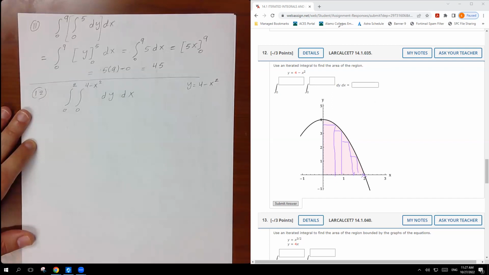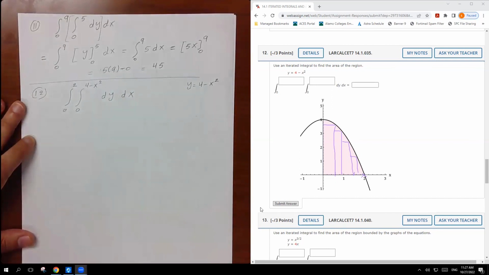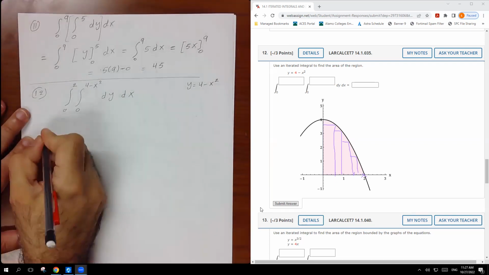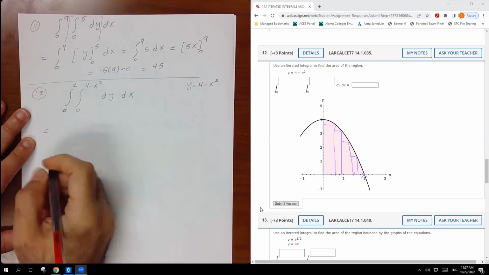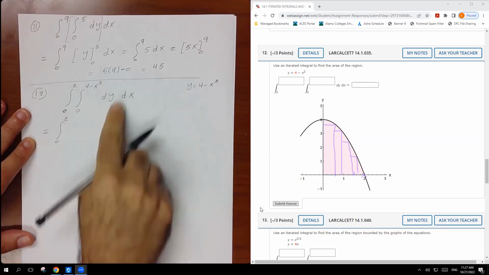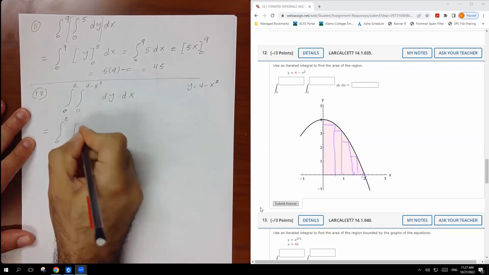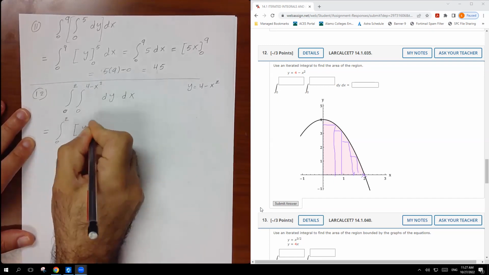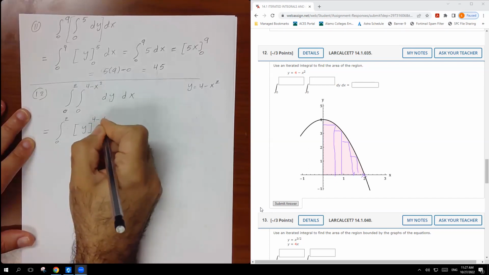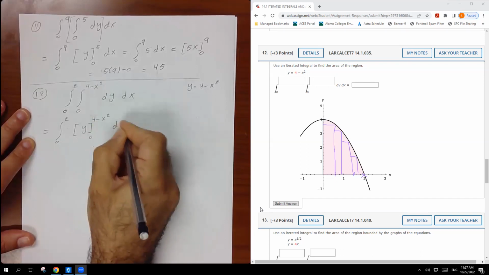Now let's work on this one to find the area for this. So this one is going to equal the integral from 0 to 2. I'm going to find the integral here, so it's going to be y from 0 to 4 minus x squared dx.